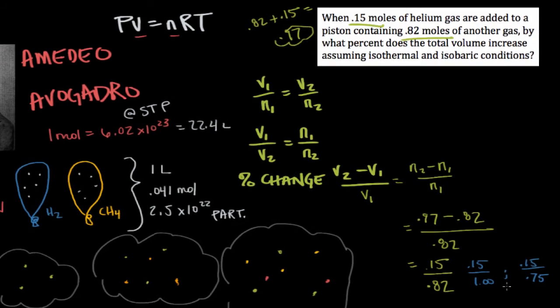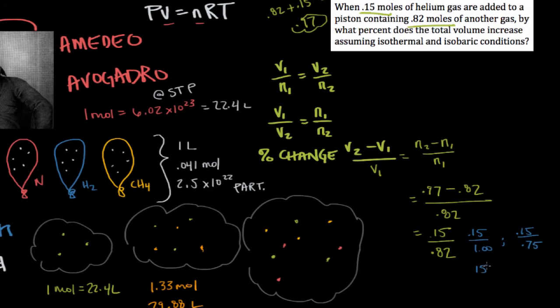And 0.15 divided by 1 is 15%, and 0.15 divided by 0.75, it goes into 0.75 5 times, and so that would give us 20%, because 1/5 is 20%. And so if we had to think about this expression in a hurry, say on a test, and we didn't have a calculator, we could use rounding to get a pretty approximate answer.